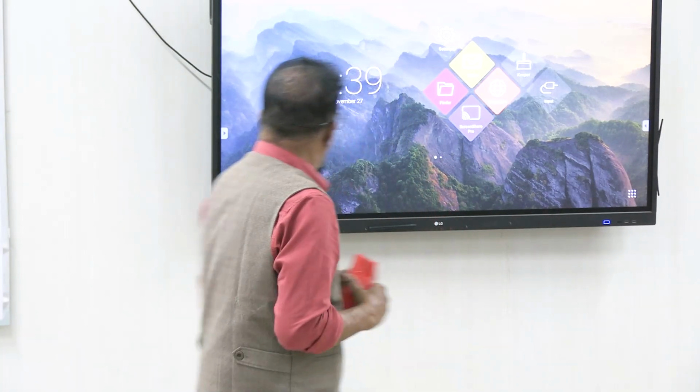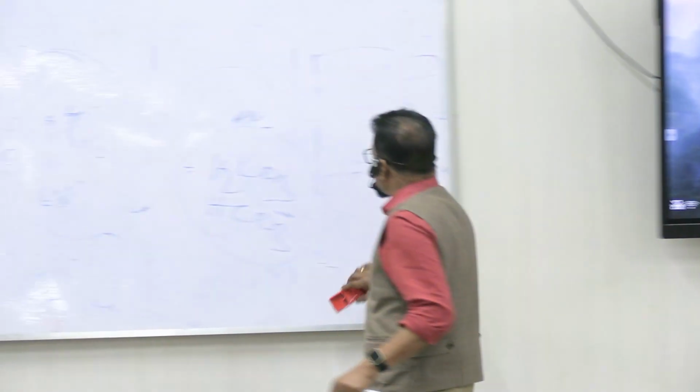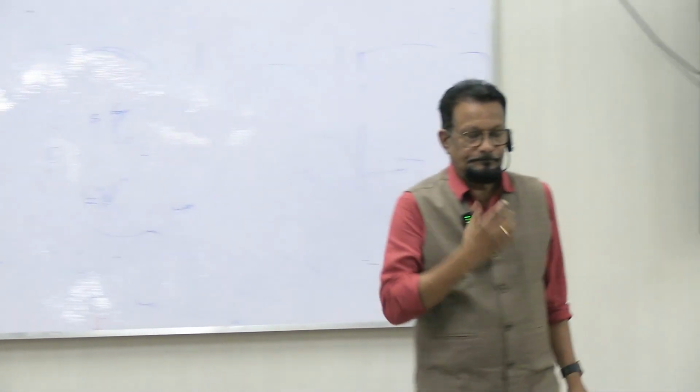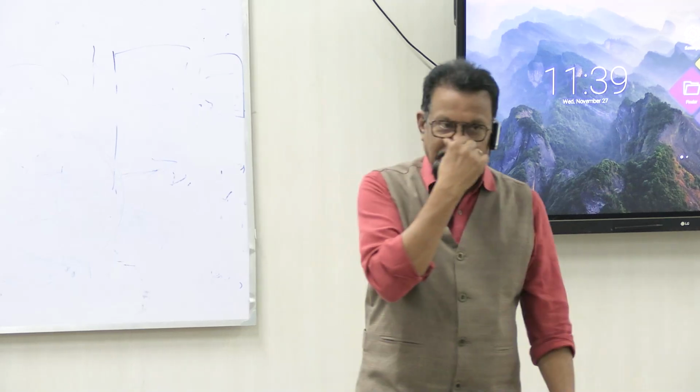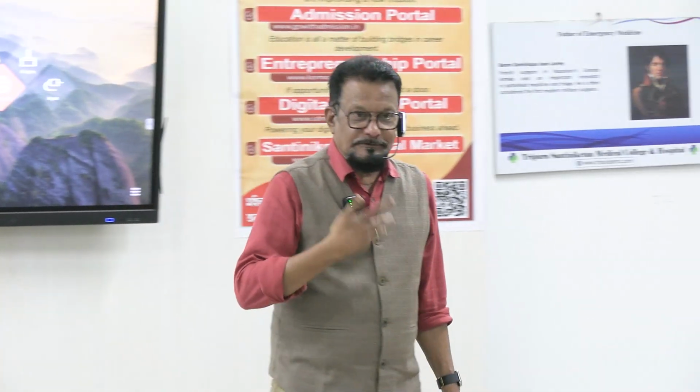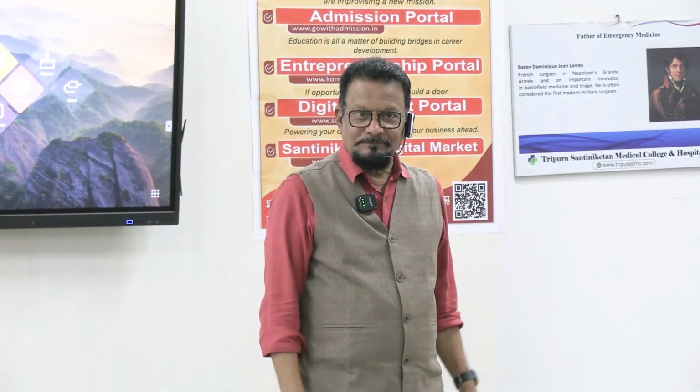See what happens. I stop my breathing for a while. I will not be able to continue. So for a while I stopped. What will happen? My carbon dioxide will accumulate within the blood.